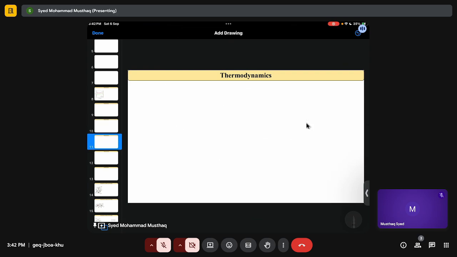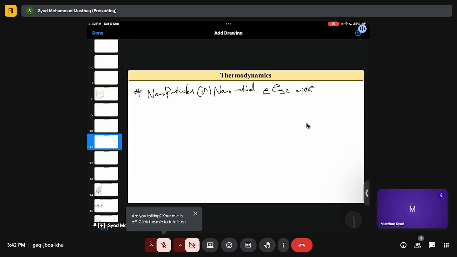And then we came to how our nanoparticles or nanomaterials change with size. So how our melting point will change with respect to size.